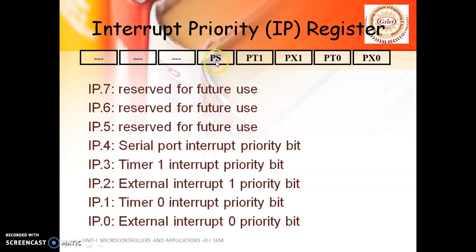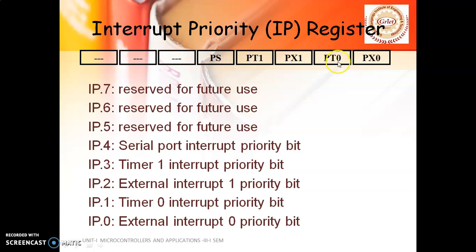Coming to the next bit, the PS bit. PS stands for serial port interrupt priority bit. PT1 stands for timer 1 interrupt priority bit, and PX1 stands for external interrupt 1 priority bit. PT0 stands for timer 0 interrupt priority bit.